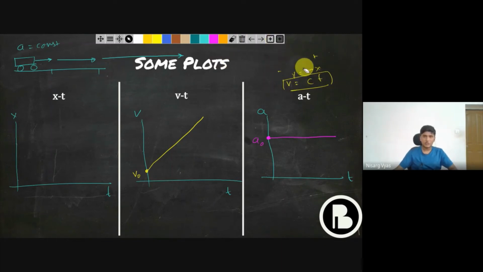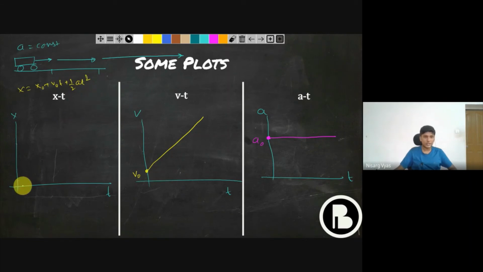So now the third one. What about x? You know the equations for constant acceleration, the equation of motion that relates x with t. It is x equal to x naught plus v naught t plus half a t squared.